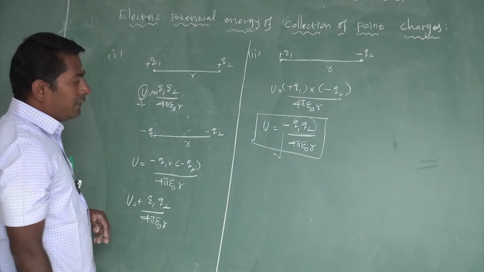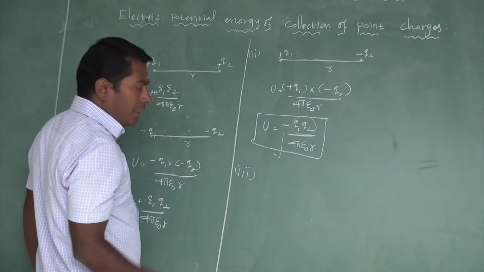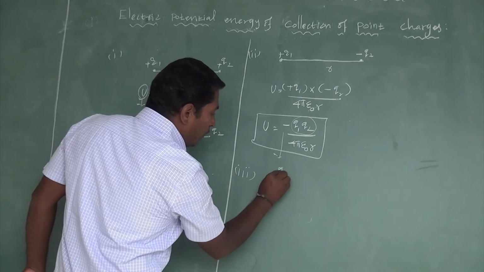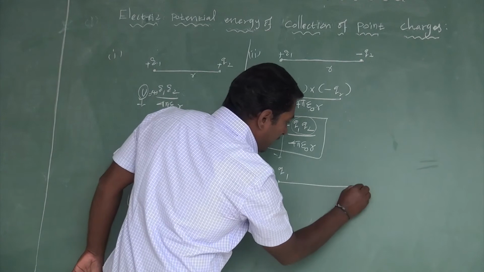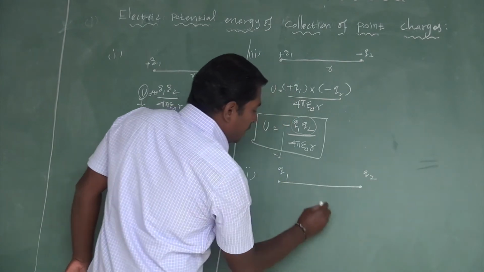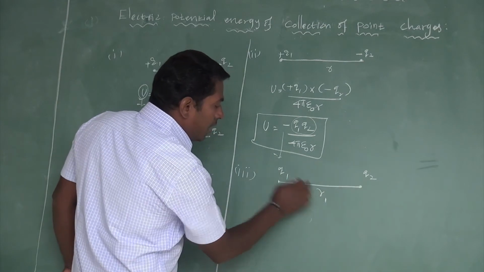And one more thing, in the third case, let us consider one point charge Q1 and another point charge Q2. The initial distance of separation between the two point charges is r1 apart.